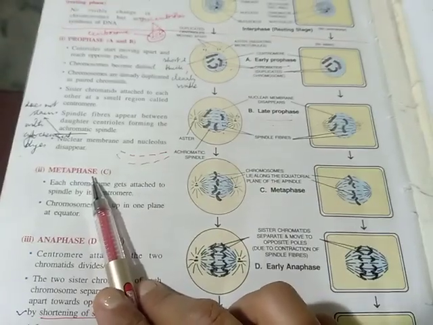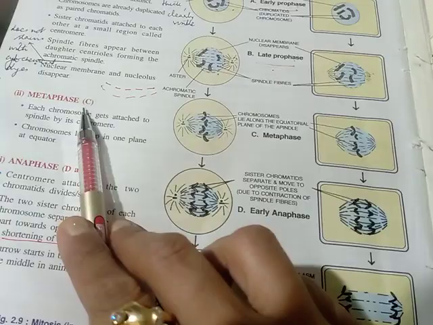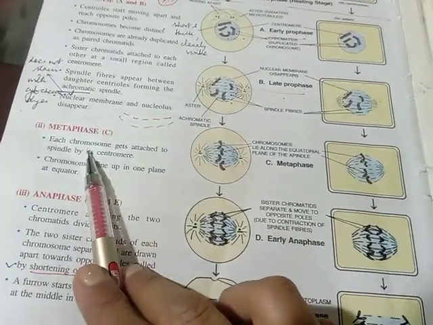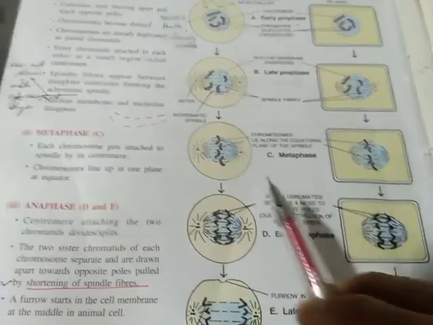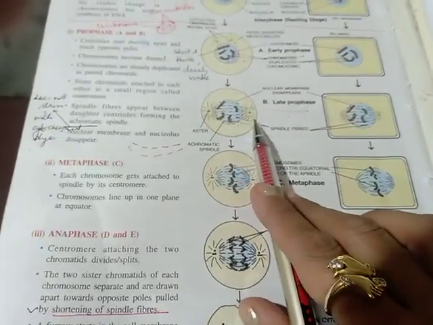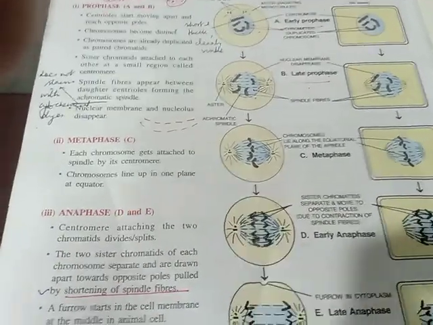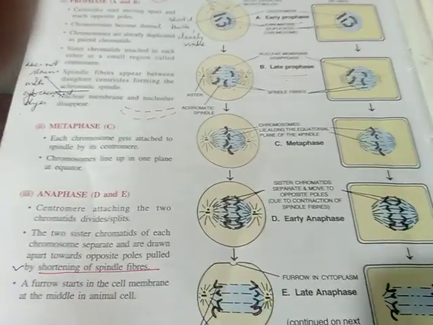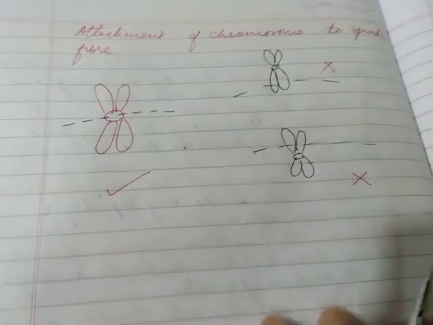The most remarkable characteristic of metaphase is that these chromosomes, which have been duplicated already, get attached to the spindle. The spindle appears in the prophase, but the attachment appears in the metaphase. And this attachment is very typical, children. For this, I'll just show you a simple diagram over here.